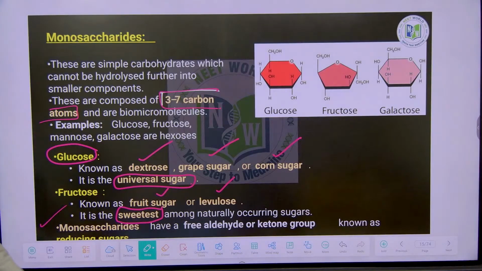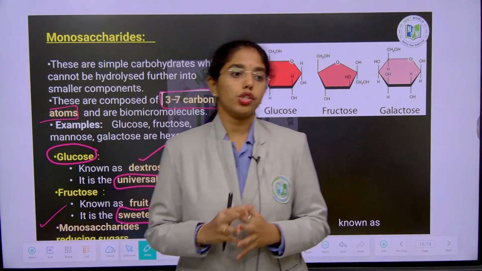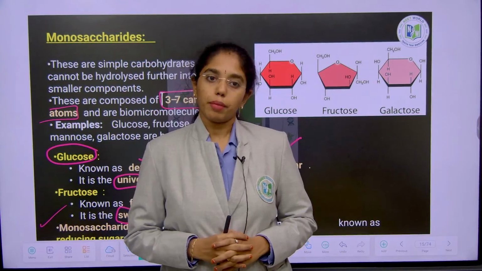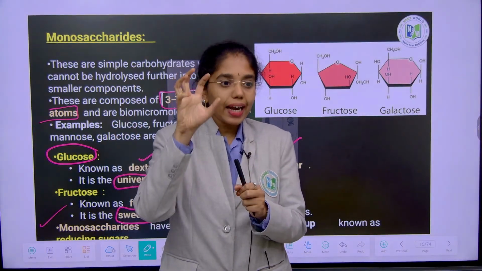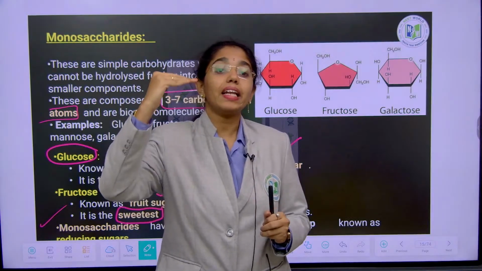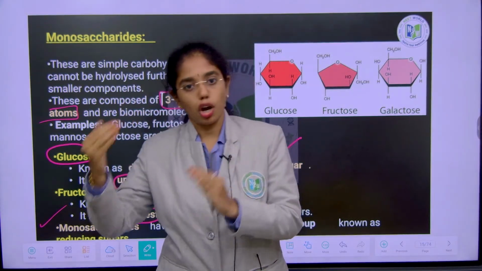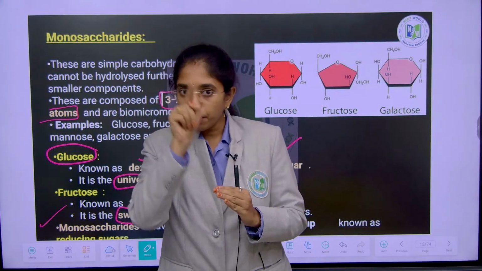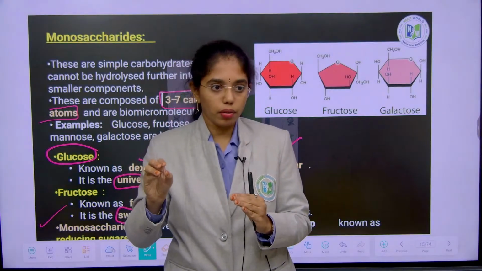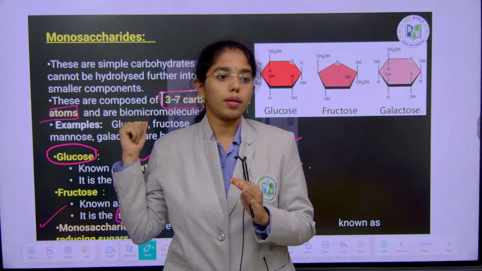Monosaccharides have free aldehyde and ketone group known as what? Reducing sugars. All the monosaccharides are reducing sugars, accepted, because they have free aldehyde and ketone group. With that free aldehyde and ketone group, they will form glycosidic bonds and they turn up forming disaccharides or oligosaccharides or polysaccharides. So when they are forming a bond, they lose a water molecule and they get reduced. That is the reason they are known as what, ma'am?